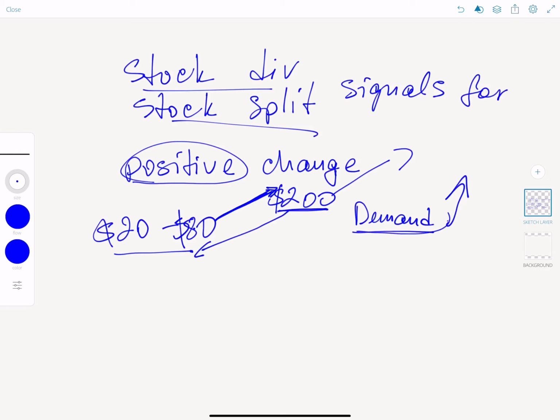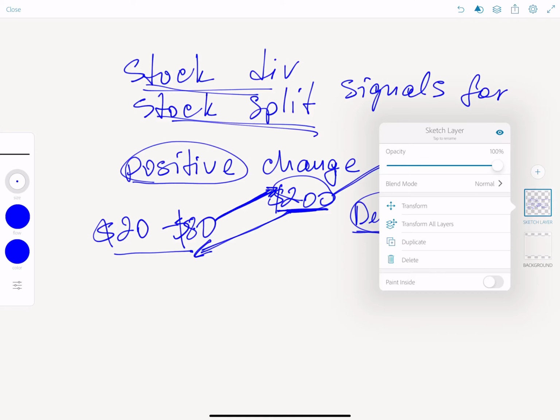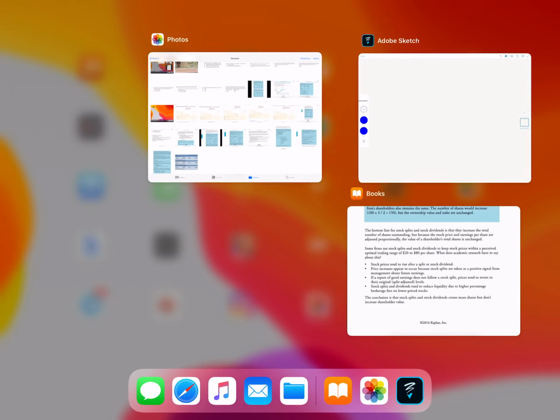So it's a positive signal. With that positive signal, companies want to decrease the price by going for stock dividends and stock splits. If it doesn't happen, further change will not go beyond the original price. Okay, that's it about stock dividends and stock splits.